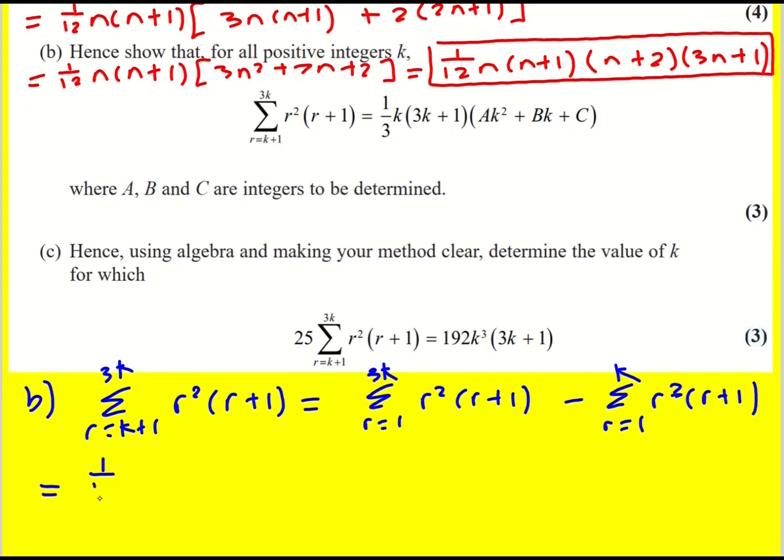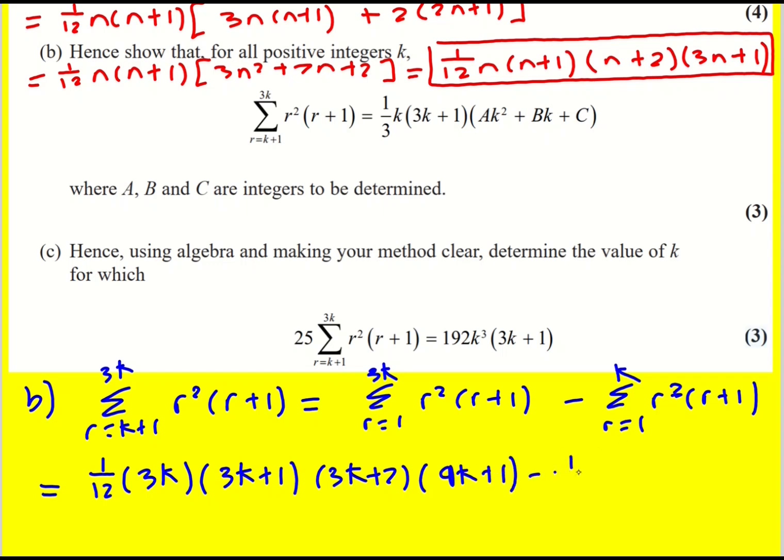So this will give me 1 over 12 times 3k, 3k plus 1, 3k plus 2, then 9k plus 1. And I'm minusing 1/12 k, k plus 1, k plus 2, 3k plus 1.